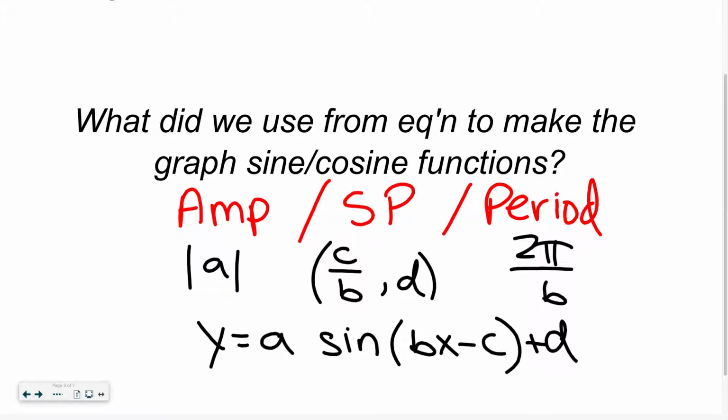So you'll actually want to always do your work for B first in the period. If you know what B is for that particular graph, then that's no longer unknown, and you can do C over that value equals your C over B, and you'll be able to solve for C. So you have to be careful with that if there's horizontal shifting. If there's no horizontal shifting, we really don't have to worry about that too much.